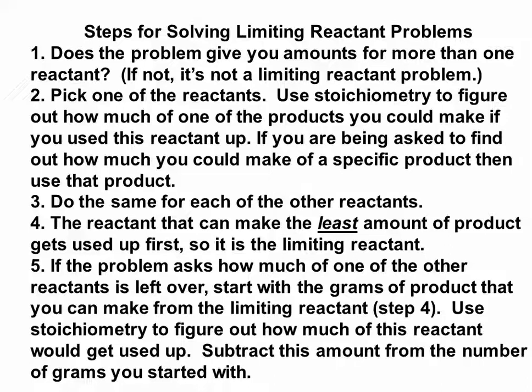Second thing, pick one of the reactants, it doesn't matter which you start with, and use stoichiometry to figure out how much of one of the products you could make if you use this reactant up. Make sure you read the whole question, because if you're asked about a specific product, you want to make sure you use that. Then you do the same thing for all the other reactants. And the reactant that can make the least amount of product gets used up first, so it's the limiting reactant.